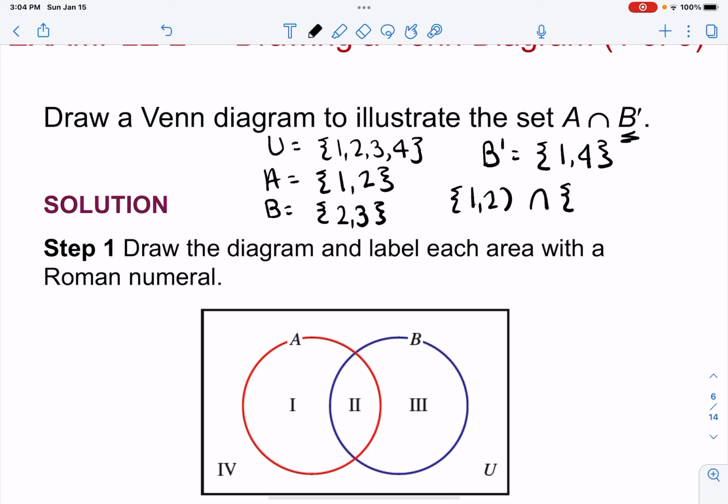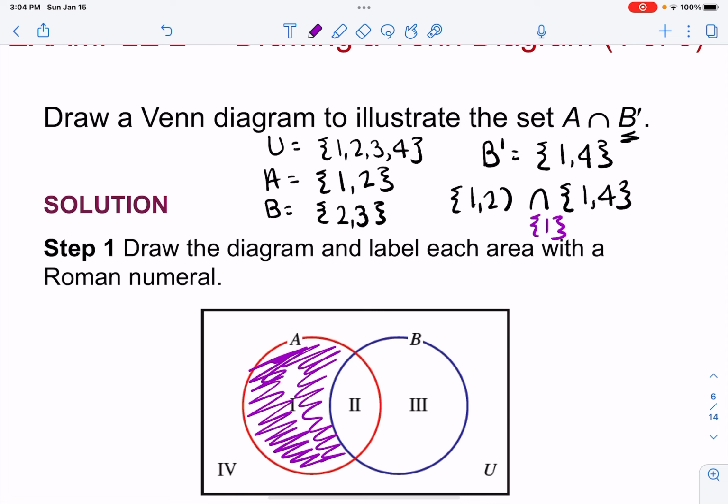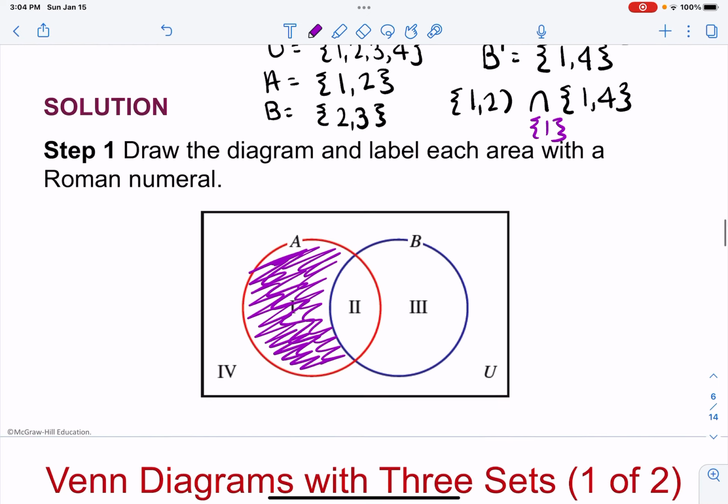Then the intersection would be the 1. So then I would just shade where the 1 is located. All right, so hopefully I didn't goof you up too bad on that.